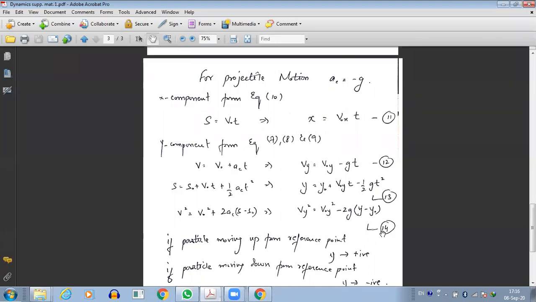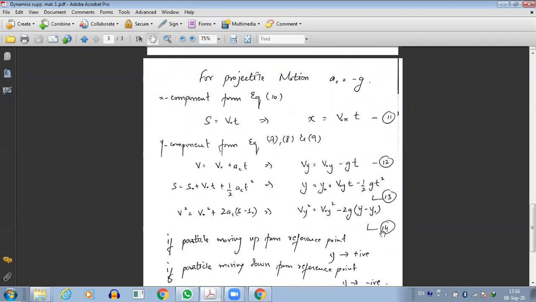Please feel free to ask. You can open your mic if you want to ask the question. Good. If you understand equations 7, 8, 9, 10, then understanding equations 11, 12, 13, 14 is not a problem at all. They're simple.